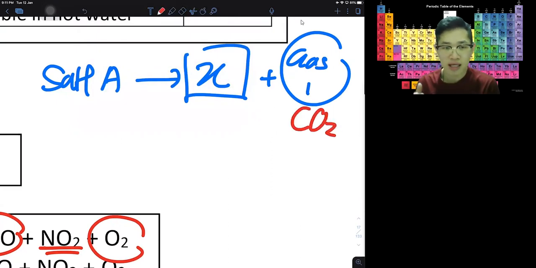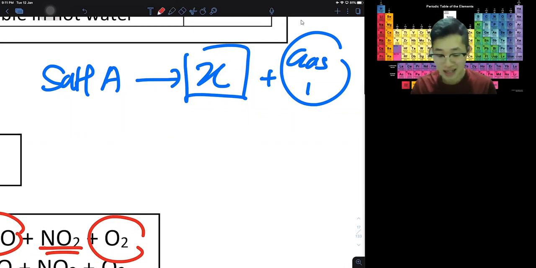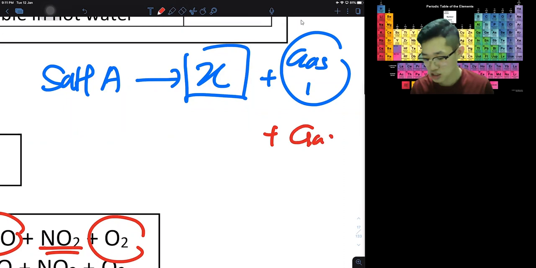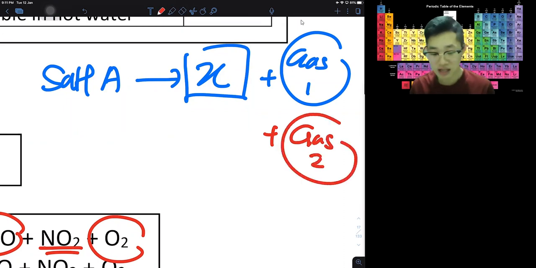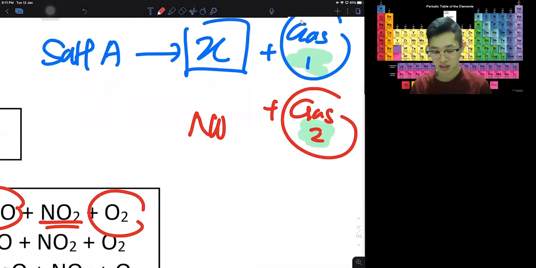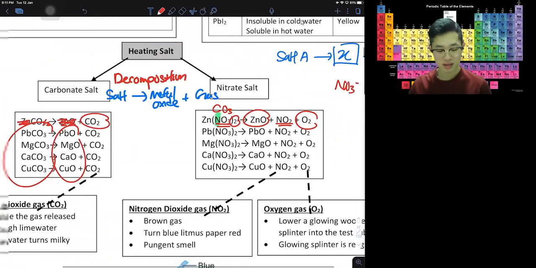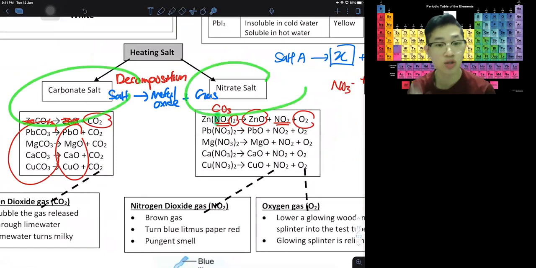If the salt A being heated produces gas 1 plus gas 2, if you see two gases, confirm 100% nitrate. Just like that. Okay, only got 2: 1 gas and 2 gases.